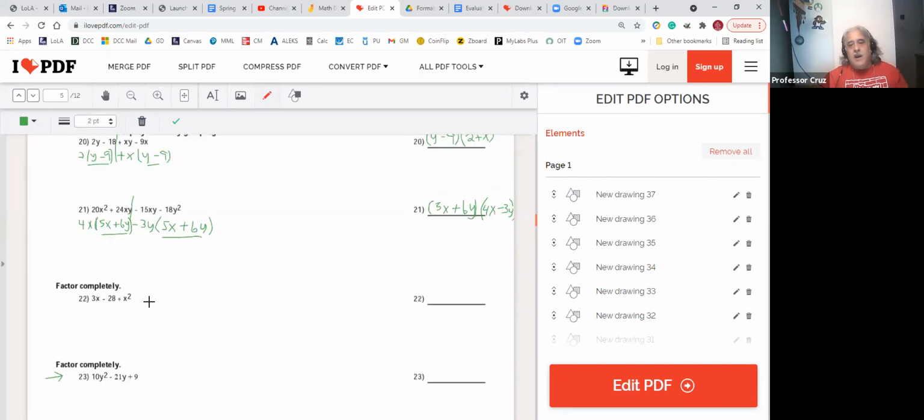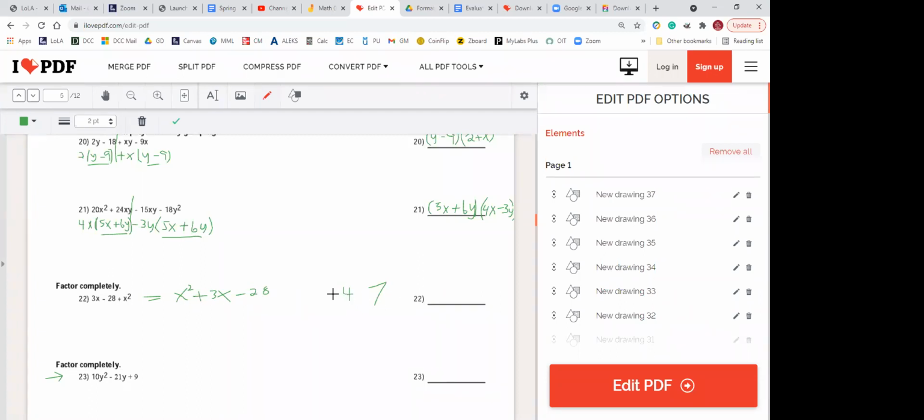Now, in order to factor, you got to have these written in that descending order. X squared first, plus 3x, minus 28. All right, and then we need factors of 28 that have, since this is negative, we got to have factors of 28 that have a difference of 3. 7 and 4. Oops, 4 and 7. 4 times 7 is 28.